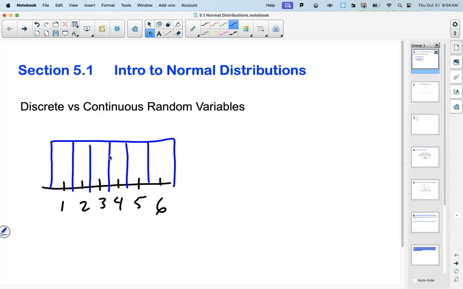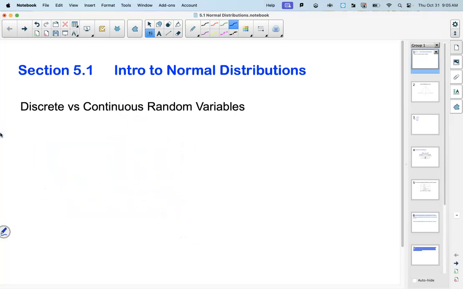Well, we can figure that out because the options only are 1, 2, 3, 4, 5, and 6. I can't roll a 3.02 or a 2.9876, right? It's 3. And if it's not 3, maybe it's 4 or 5 or 6 or 1 and 2. Okay, so that's discrete. Continuous random variables, we aren't going to look at a specific outcome, but we're going to look at ranges of outcomes and talk about their probabilities.